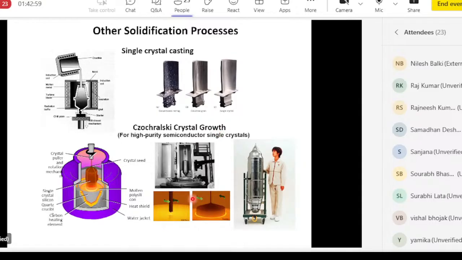And the interesting thing is you can make these kind of crystals that are 5 to 6 feet long. One single grain of a metal that is really long. And these are precision cut to create single crystal silicon wafers, and they are used to make integrated circuit chips by depositing circuitry and all that. So these are some special processes.